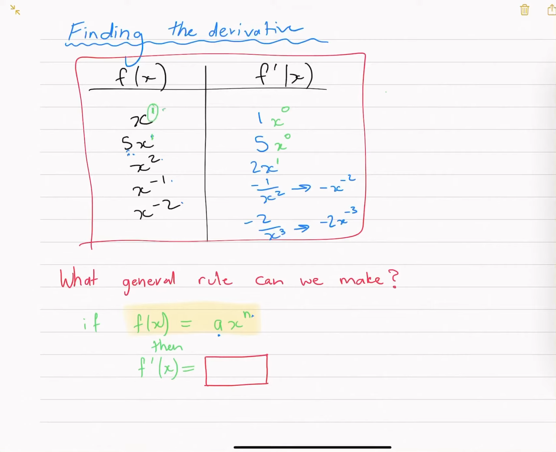The power is always going from 1 to 0, from 2 to 1, from minus 1 to minus 2, from minus 2 to minus 3. So this number down here, n, is always dropping by 1, isn't it? So let's start with that. So x to the power of n minus 1.